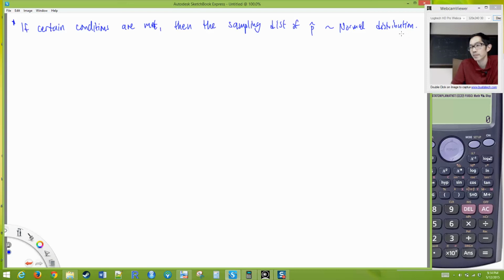Now, this statistical phenomenon, that the sampling distribution of p hat comes from the normal distribution, is known as the central limit theorem. Anytime somebody talks about such and such theorem, it's usually because it's a pretty big result.